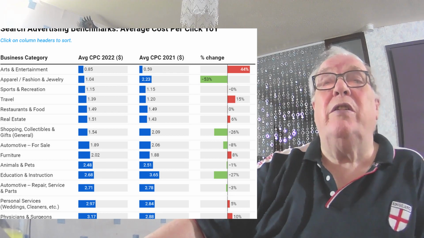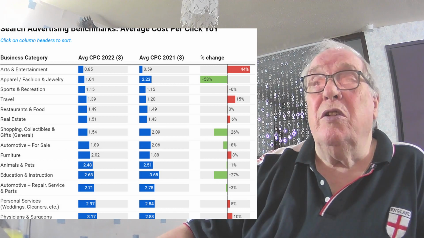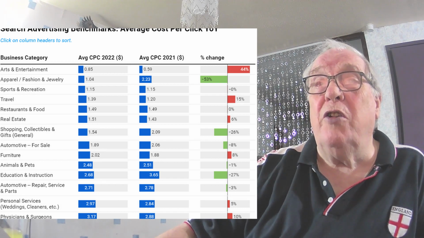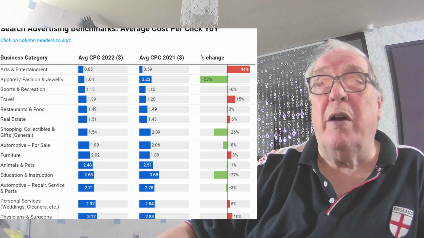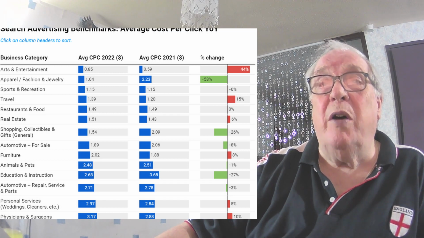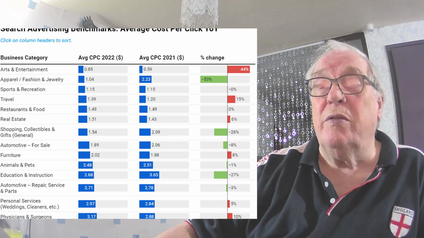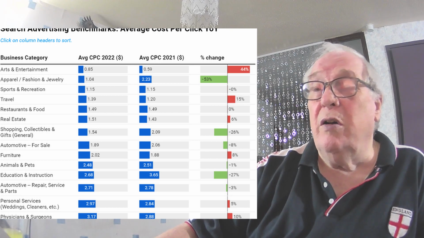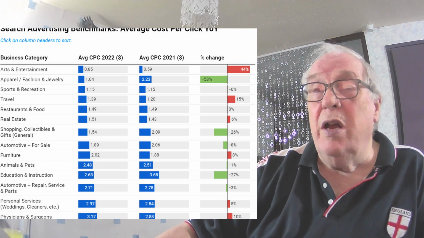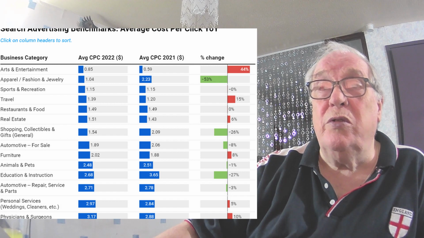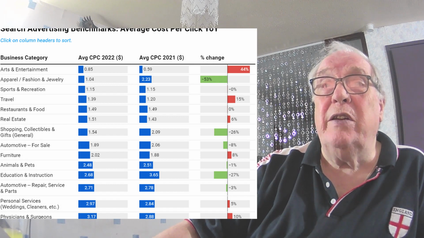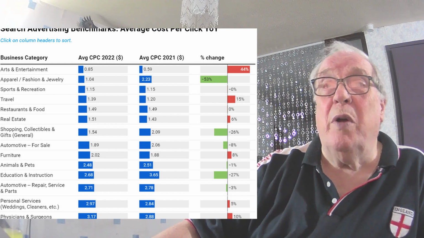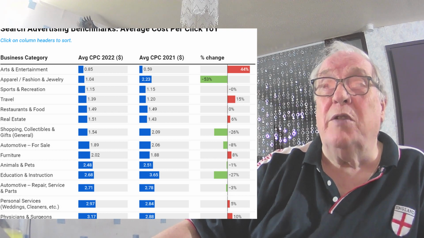Industries with the highest average cost per click, $6 to $8, are also consistent with years past, as they tend to have lower click-through rates. These are attorneys, legal services, dentists, dental services, and home and home improvements.